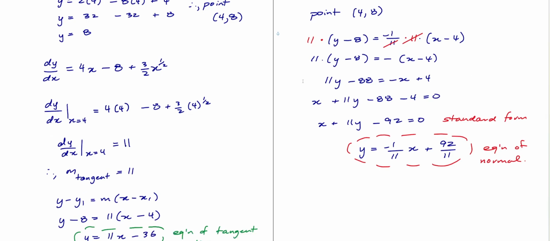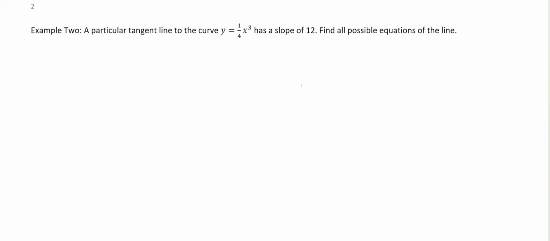We're going to keep going here, and we're going to look at example 2. The complexity is going to increase a little bit as we go along. It says a particular tangent line to the curve y is equal to 1 over 4 x cubed has a slope of 12. Find all possible equations of this tangent line.